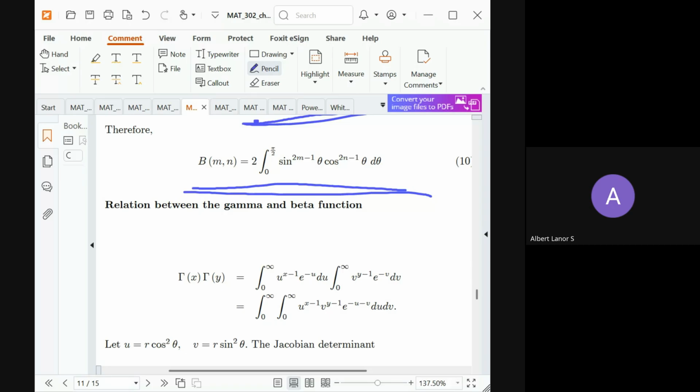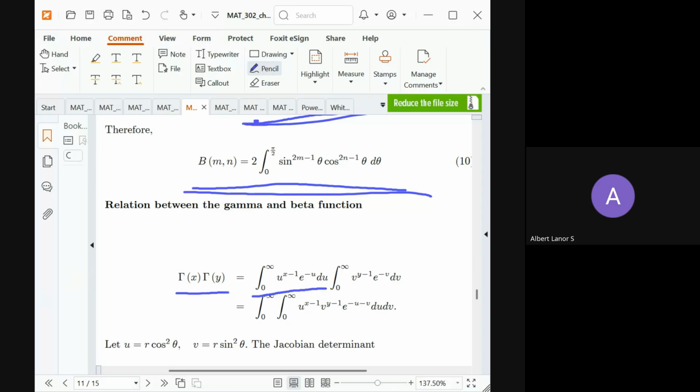Now, the relation between the gamma and the beta function, they are very related. Now, the relation here is that if you have gamma of x and gamma of y, then the gamma of x is defined by this, and the gamma of y is defined by this, and you can merge the two of them.